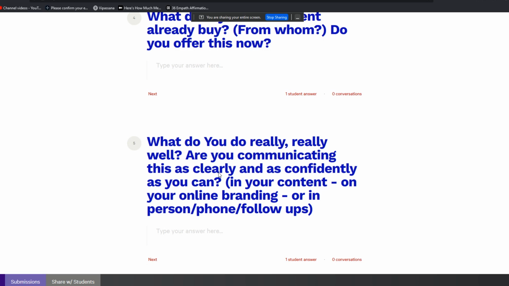You'll almost always find a gap in this area as well. People will tell you what they do really, really well is often not what they are leading with or clearly articulating confidently in their branding, or whatever it is, right?